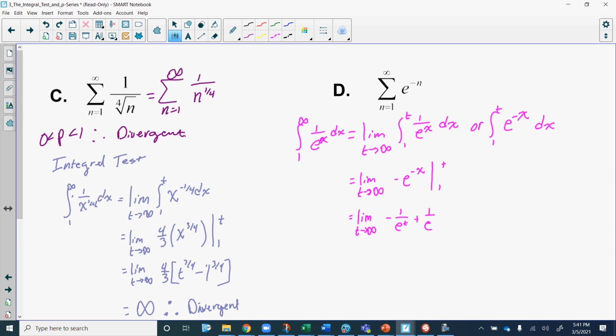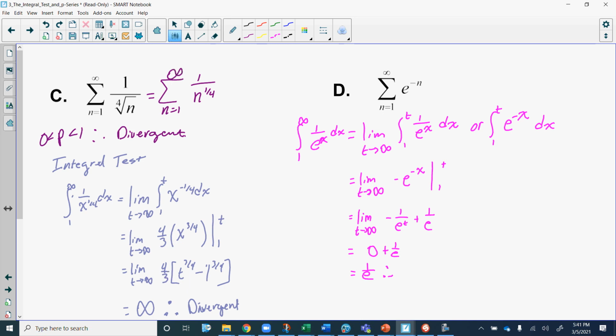As we go towards infinity, we're going to get 0 plus 1 over e. So the limit is just 1 over e, and therefore it is convergent.